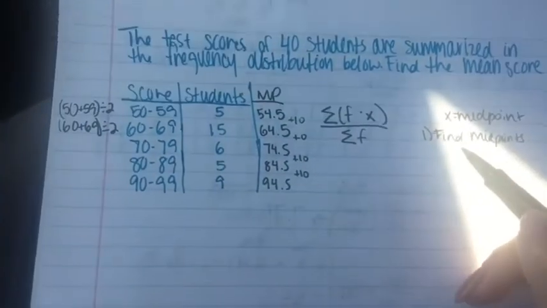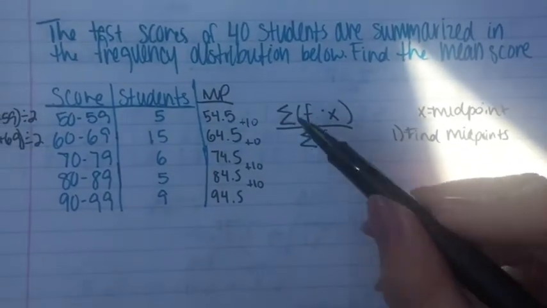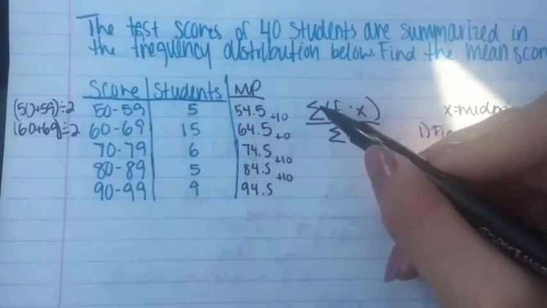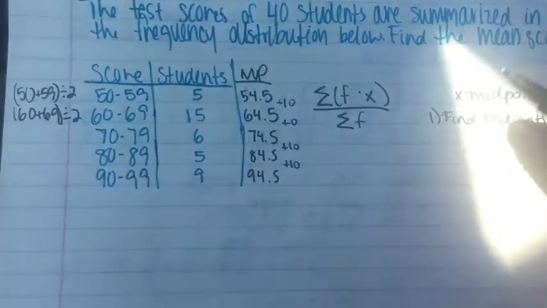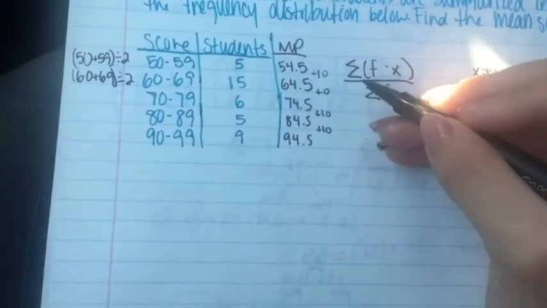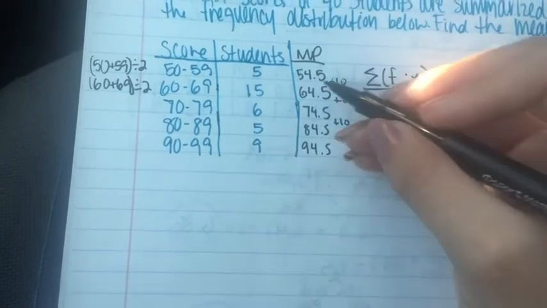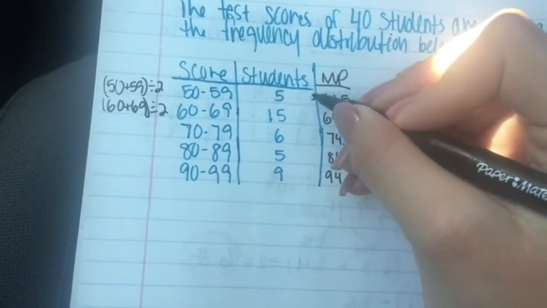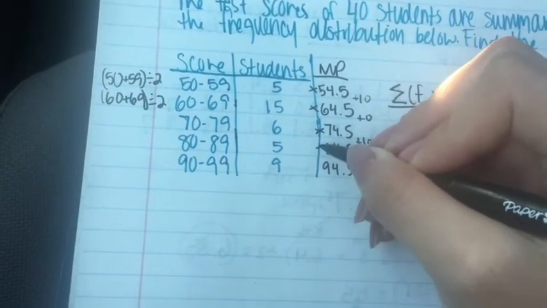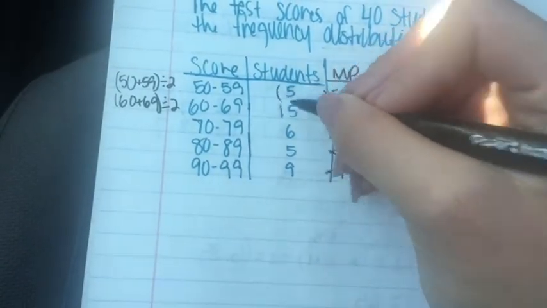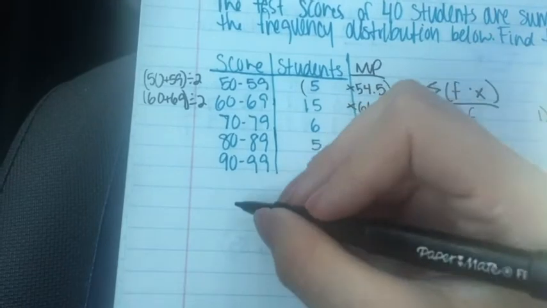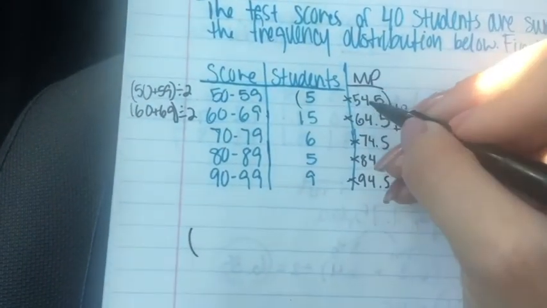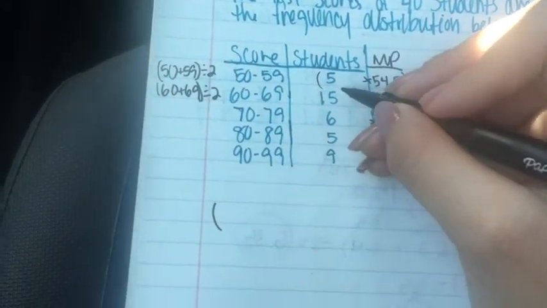So now that I have my midpoints, I'm going to be working on finding this right here, which is the sum of your frequencies times their midpoints. And so what you're going to do is multiply these with each other, and then you're going to add them together. So my first midpoint is 54.5 and it has a frequency of 5.